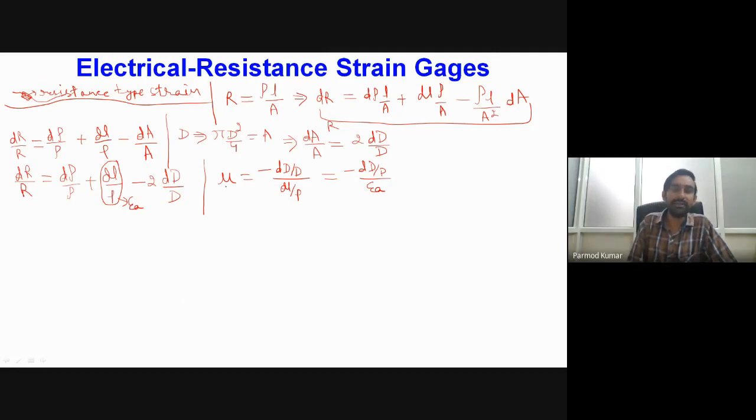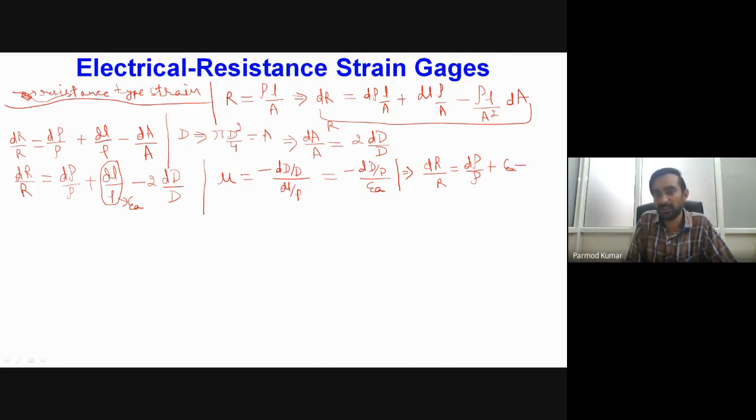Okay. So now if I substitute this formulation over here, finally I will get dR divided by R equal to d rho divided by rho plus epsilon A. Okay. And instead of dD by D, I can write epsilon times mu with a minus sign.